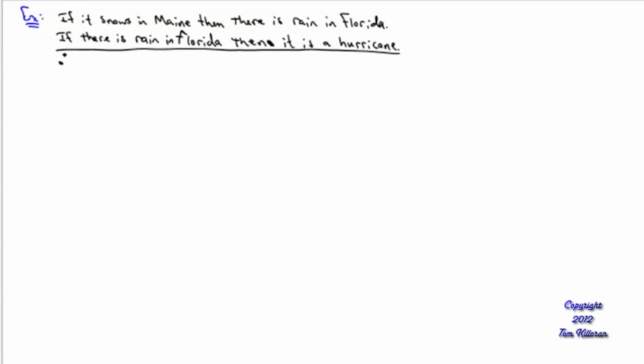Therefore, if it snows in Maine, then there is a hurricane in Florida.